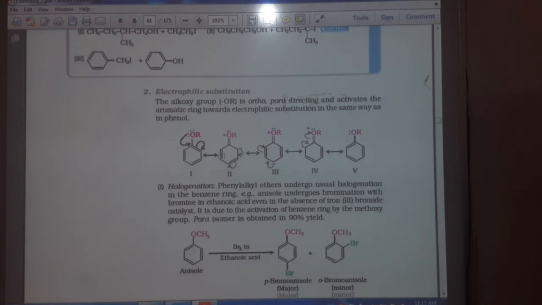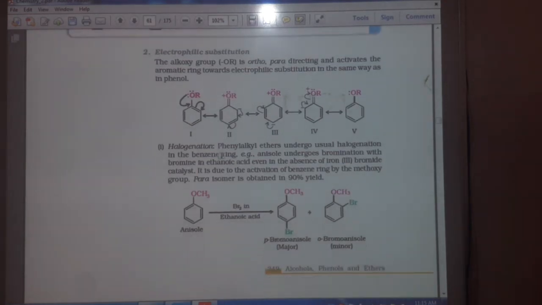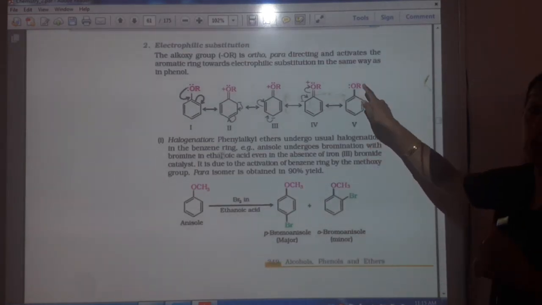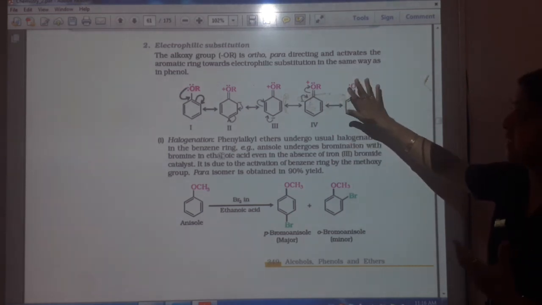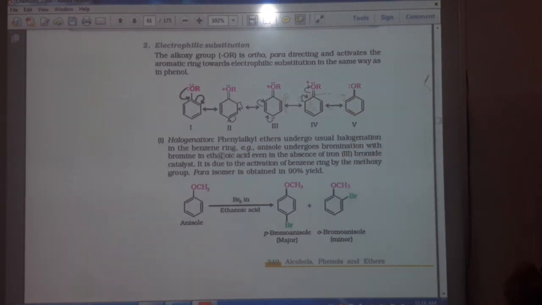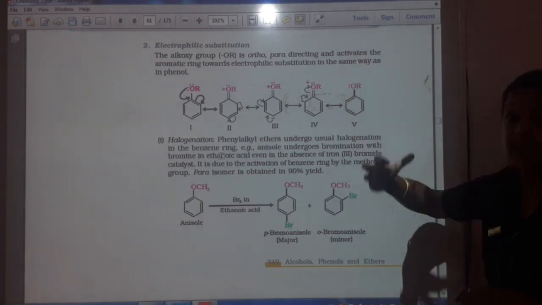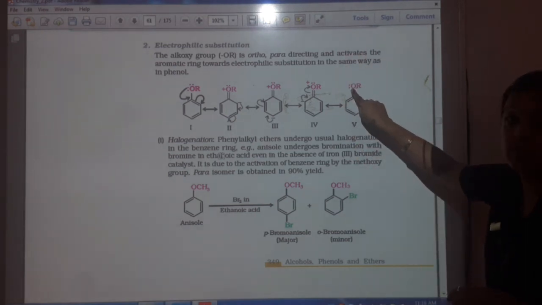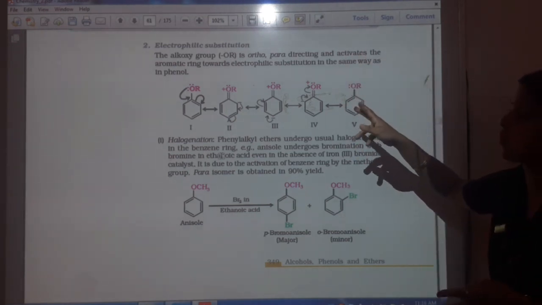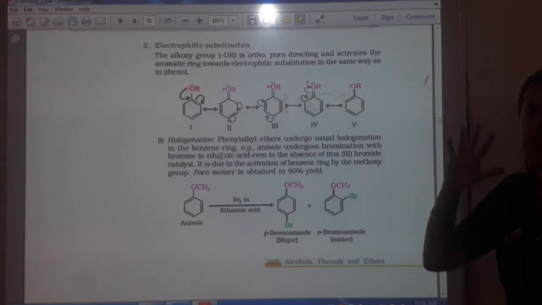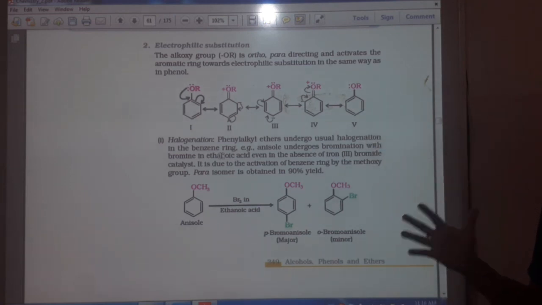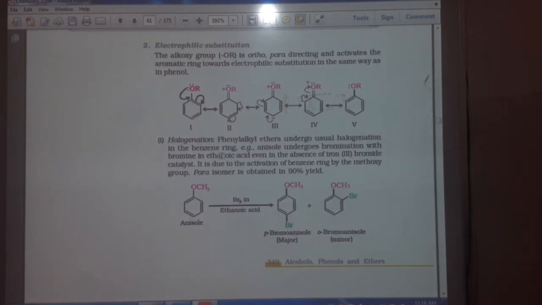Next is the most important, electrophilic substitution reaction. With benzene or with phenol, you understood the method of resonance. The same thing happens here: they are more susceptible towards electrophilic substitution, because the benzene ring, which is sp2 hybridized, withdraws electrons from the oxygen having an unshared pair of electrons. So the ortho and para positions become more and more active for ring substitution.